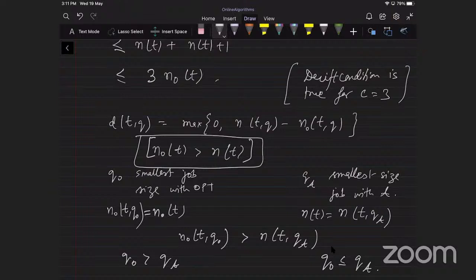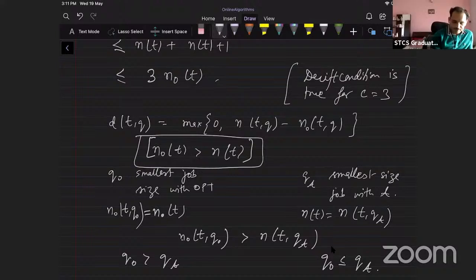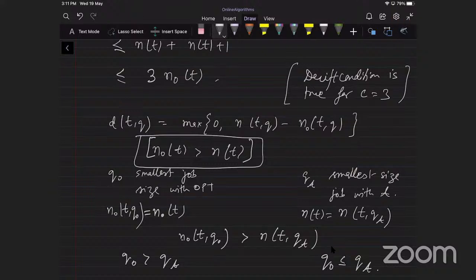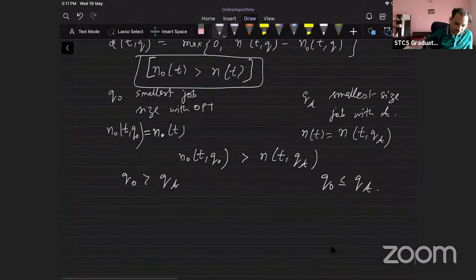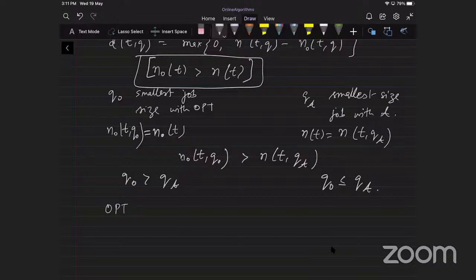Because SRPT processes the smallest job and it has fewer number of jobs than OPT. So for any Q, this N of T comma Q should be greater than N of T comma Q. That's not true, right? Just think about like OPT has 10 jobs.